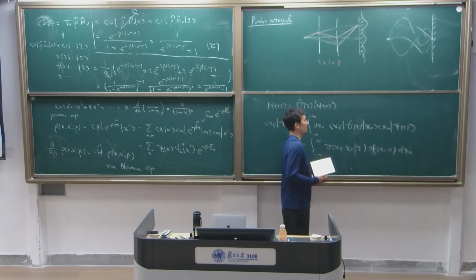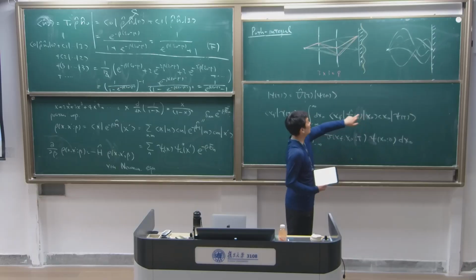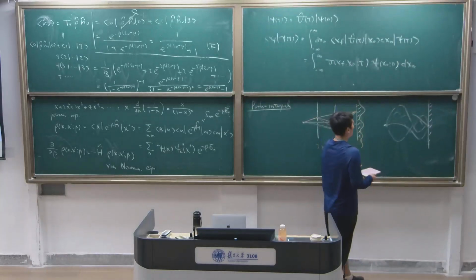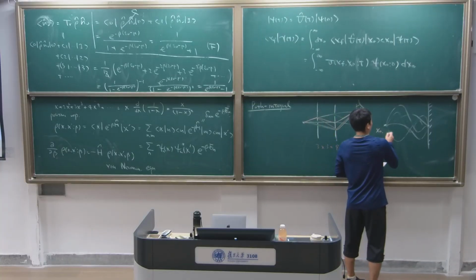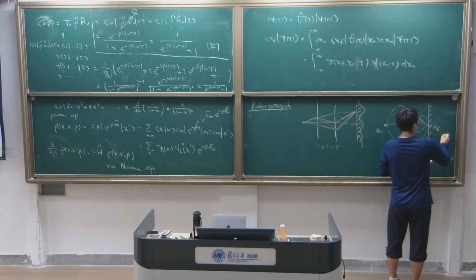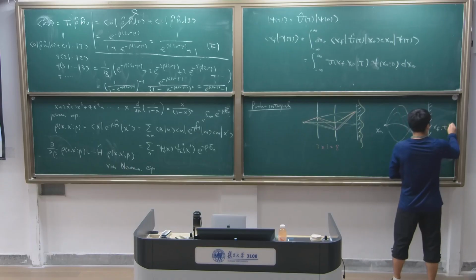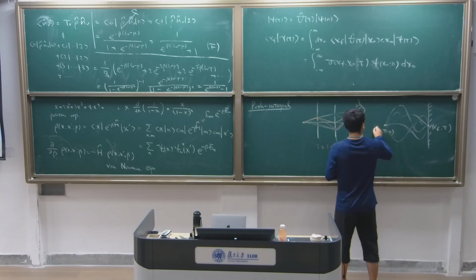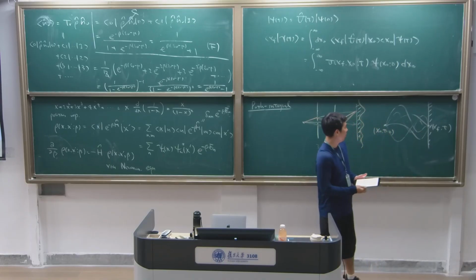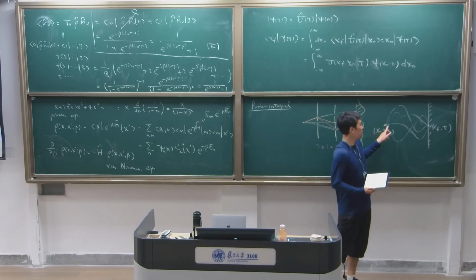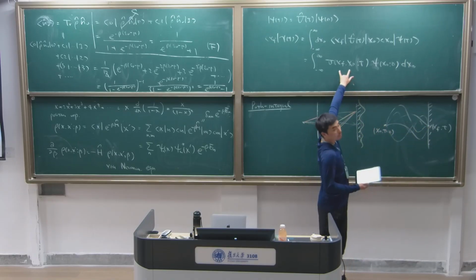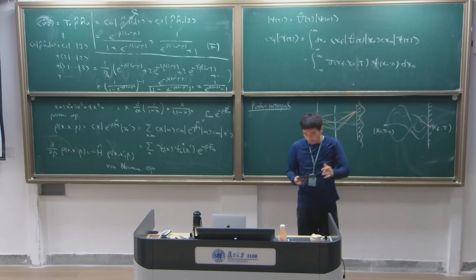However, here's the time version. Suppose this is x naught here, and this is xf, and then time t. So all possible time evolution from here to here is described by this one.